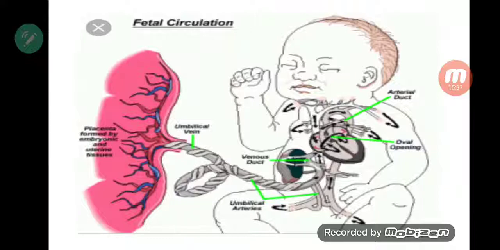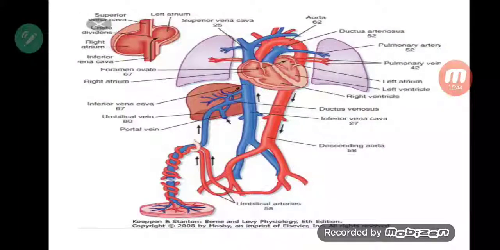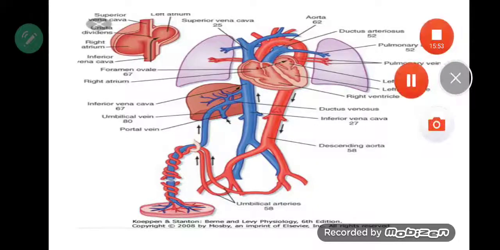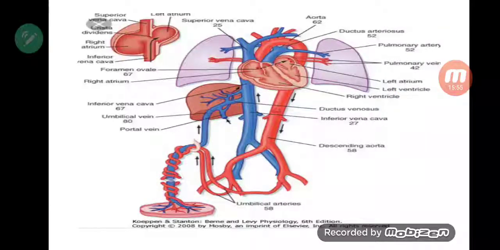Here is the fetal circulation. In the fetal circulation, it is a little bit different.